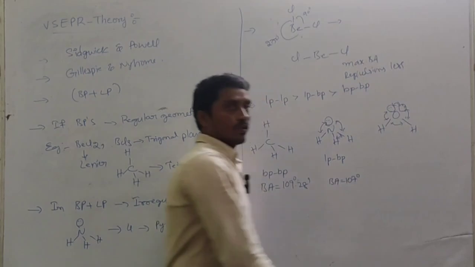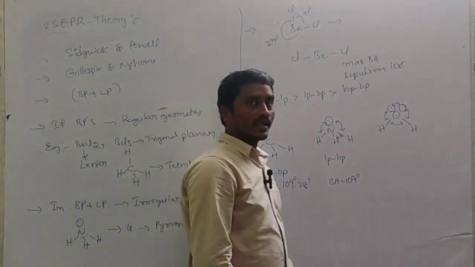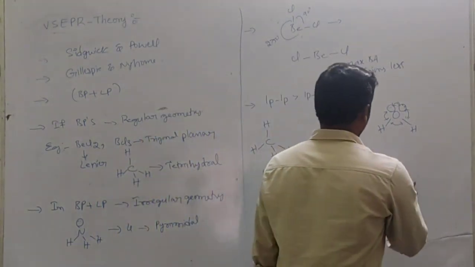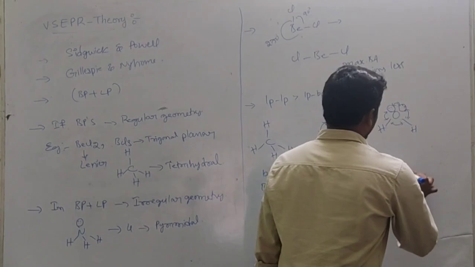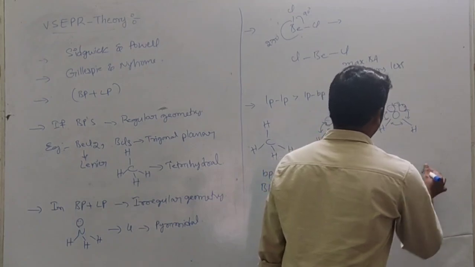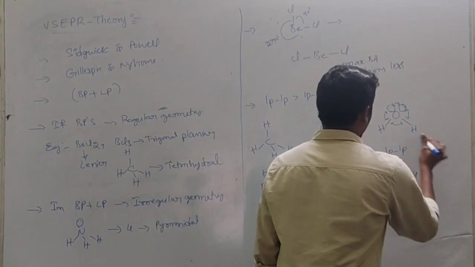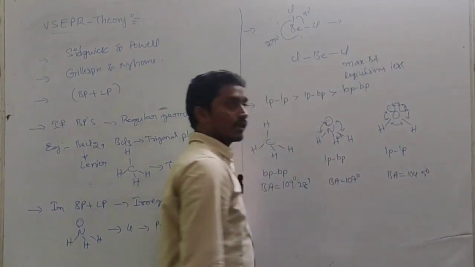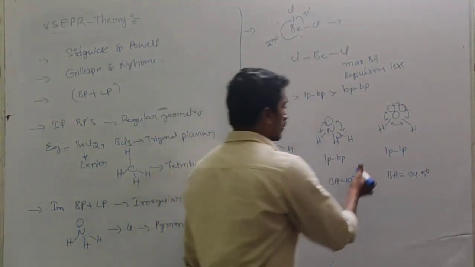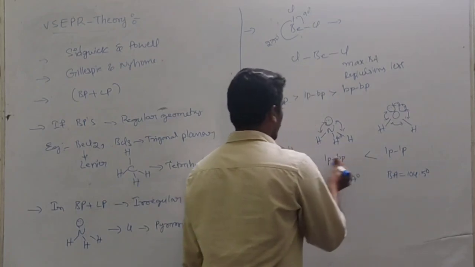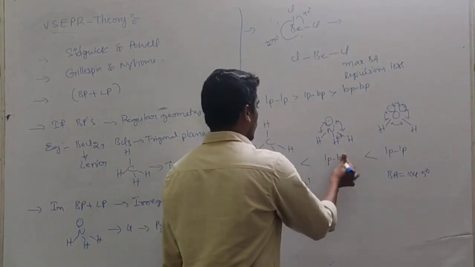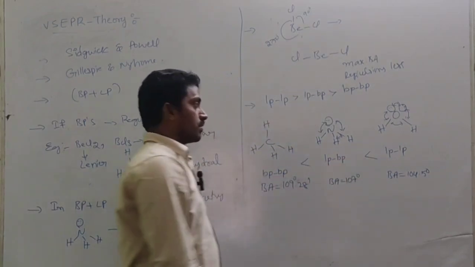Because of lone pair repulsion, the bond angle decreases to 104.5 degrees. From this we can conclude that lone pair repulsion is more than lone pair bond pair repulsion, and lone pair bond pair repulsion is more than bond pair repulsion.